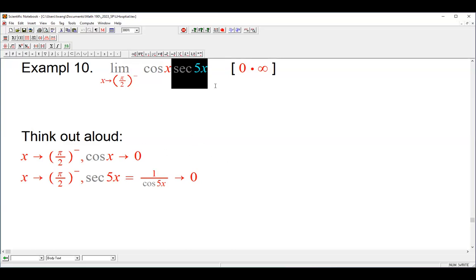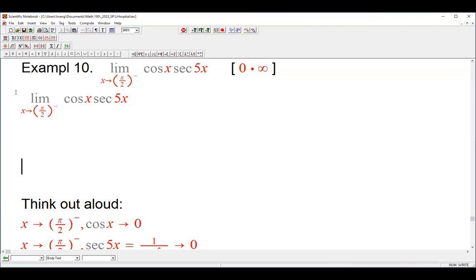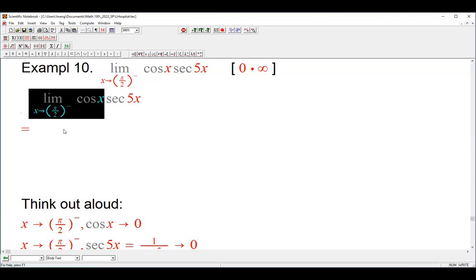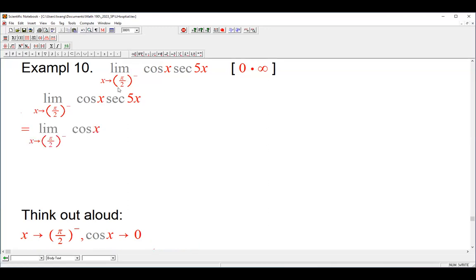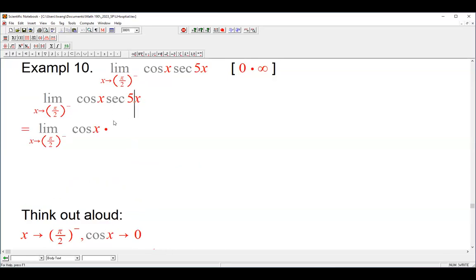So what can we do? One of the things we can do, maybe the easiest thing we can do, is we write the secant part in the cosine form. We're going to write it as 1 over cosine 5x.